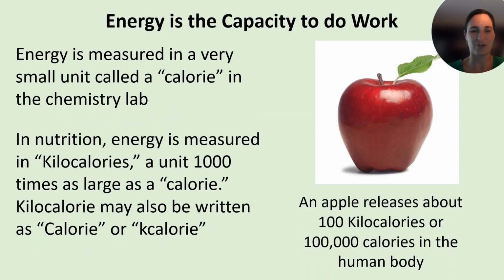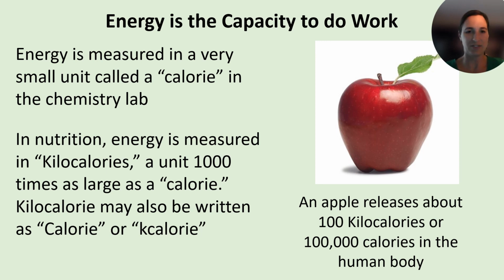Let's talk about energy. So energy is the capacity to do work. And we just talked about the three major energy yielding nutrients that we ingest: carbohydrates, lipids, proteins. And I showed you that our body breaks these down in order to convert the energy in the bonds to chemical energy that our body can use, which is in the form of ATP. So energy is measured in a really small unit called a calorie.